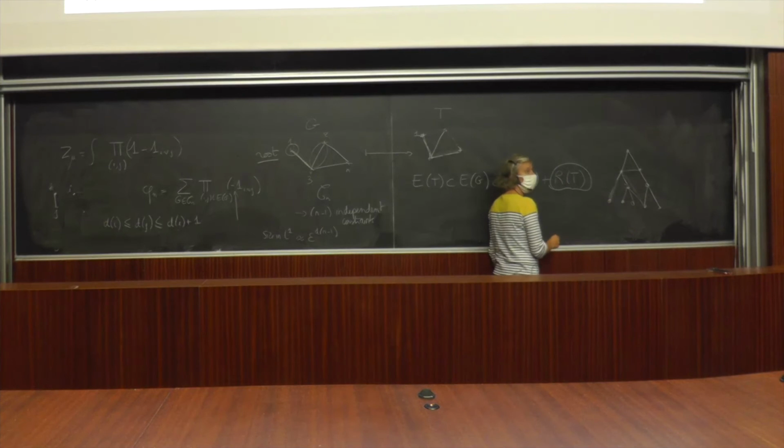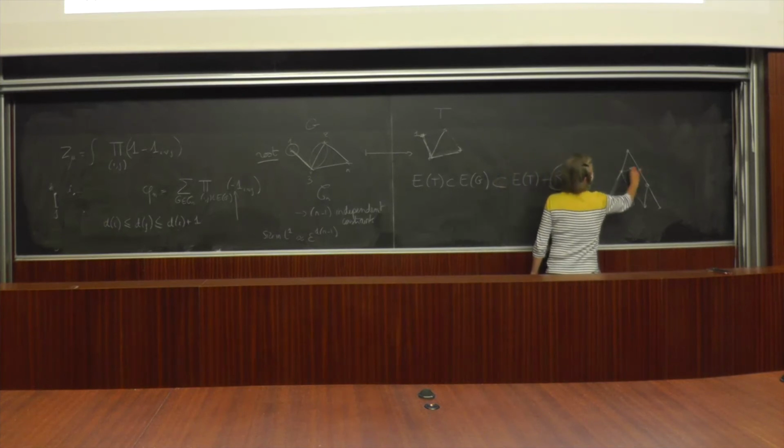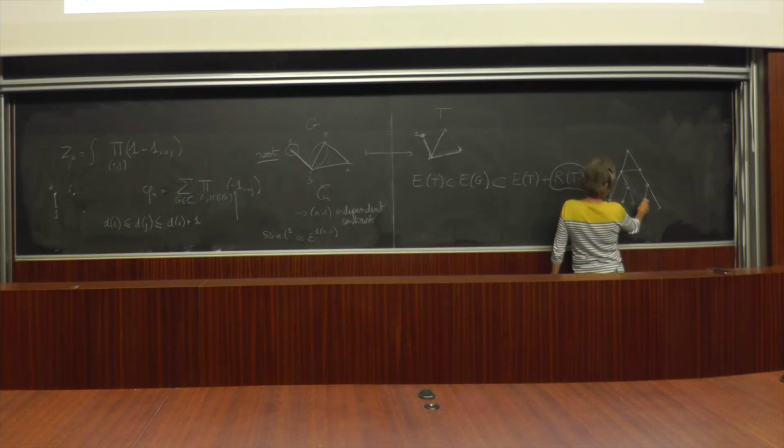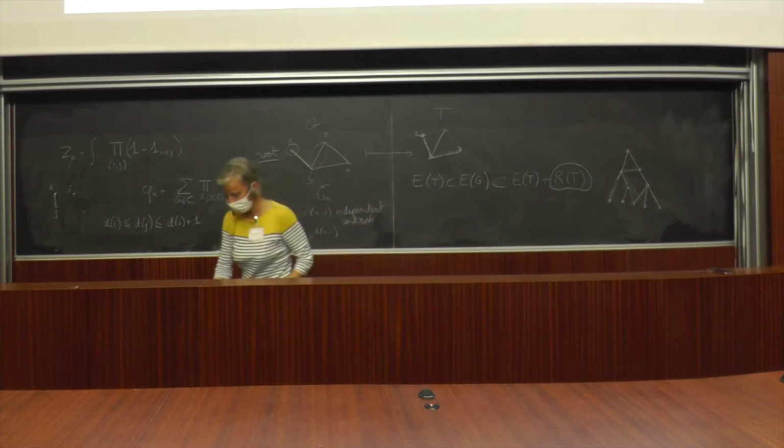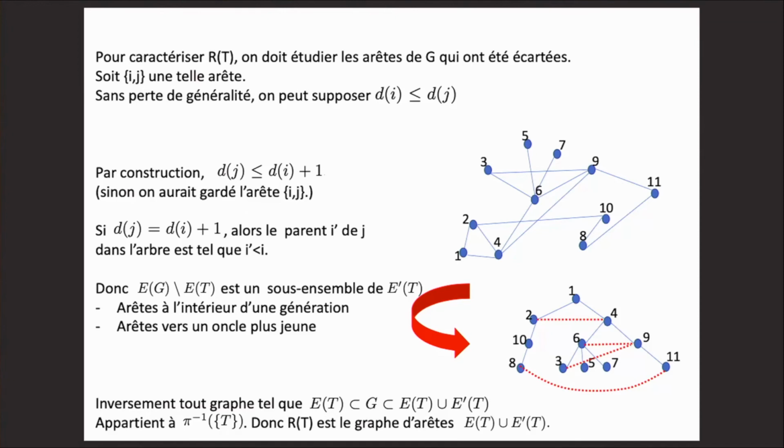Okay, so this is the set of edges between two guys of the same generation, or between a particle here and an uncle which is younger. Okay, so this one, this one or this one. So this is the complete characterization. So now you have classified all possible connected graphs with this partition scheme.